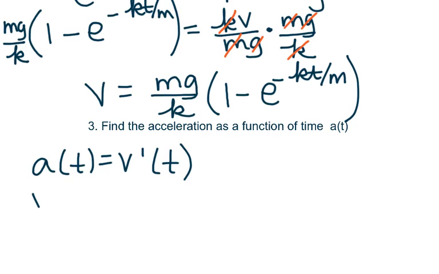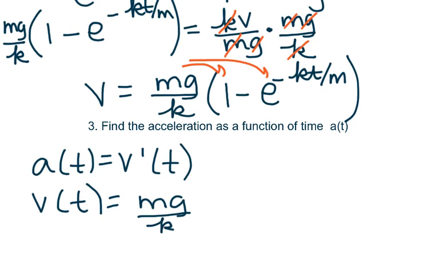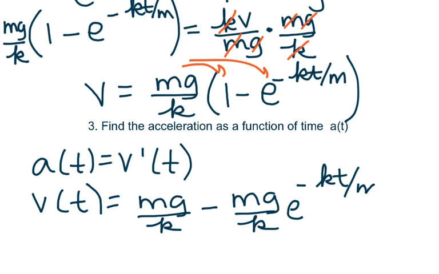And actually, I'm going to go back by looking at that equation and rewriting it by distributing our mg over k. So I'm going to have mg over k minus mg over k times Euler's number to the negative kt over m.